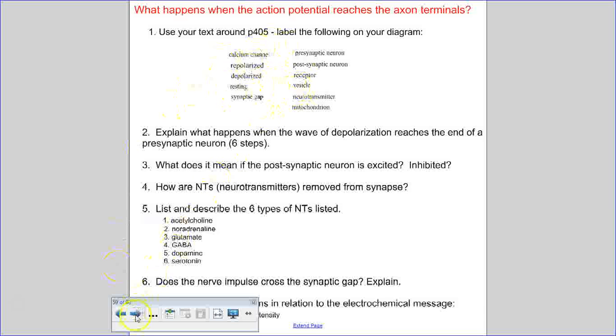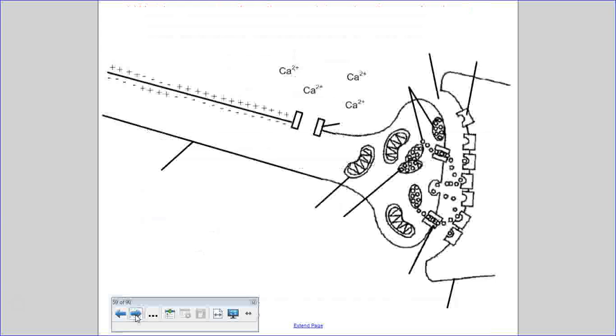Okay, and then you want to be able to use it to do number 2. So explain what happens when the wave of depolarization, so the electric part of the message, reaches the end of a presynaptic neuron.